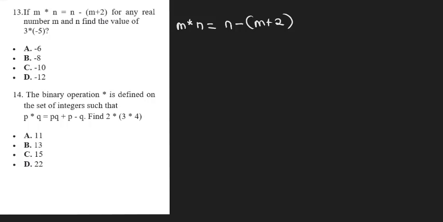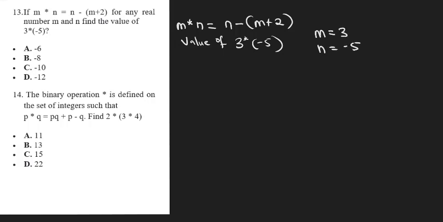So remember that the question says the value of 3 asterisk minus 5. From here, it's very easy. You will make this m to be 3, and this n now will be minus 5, right?